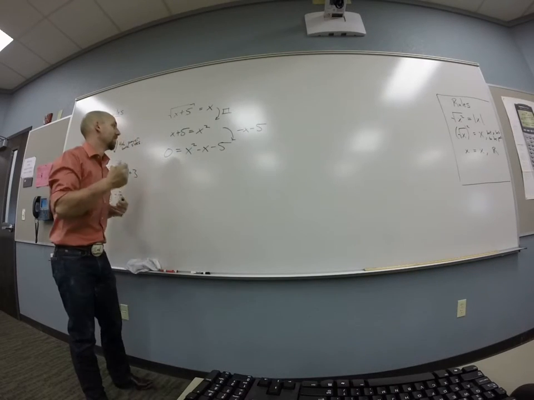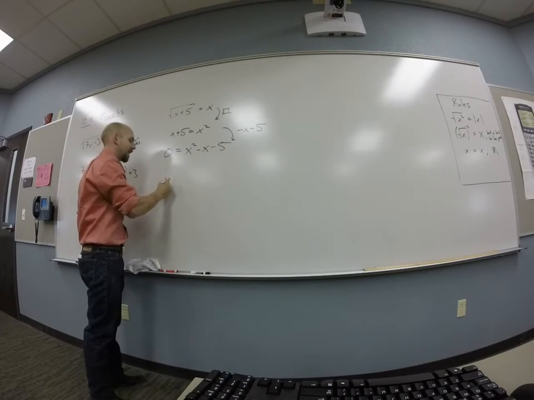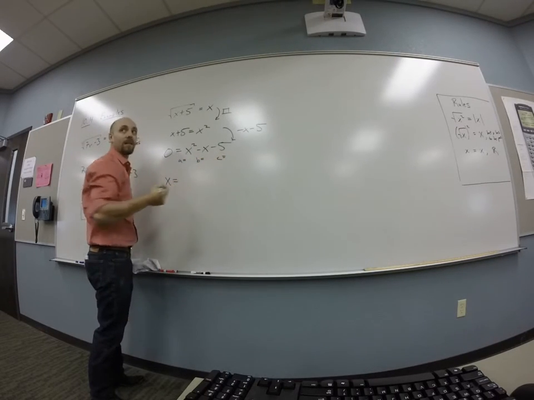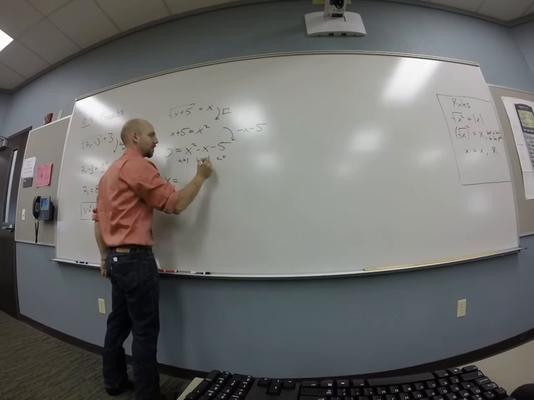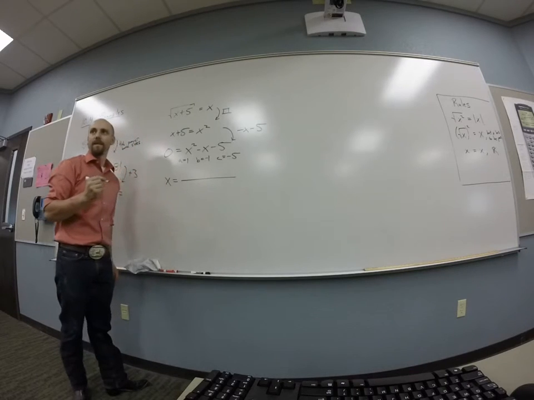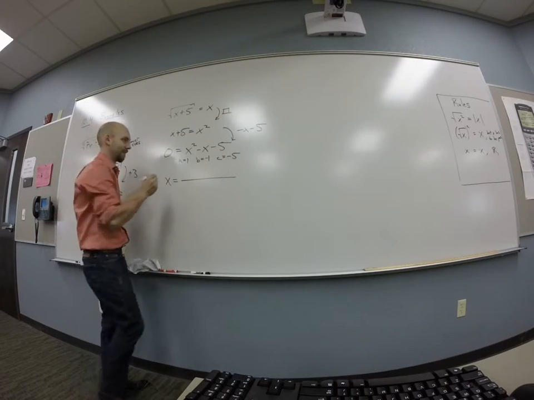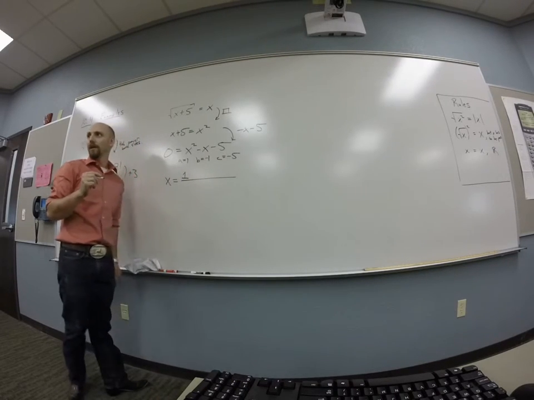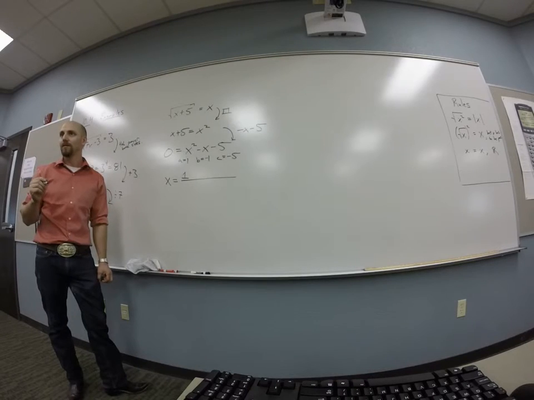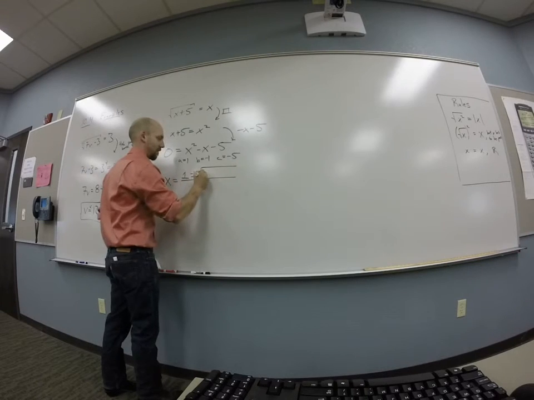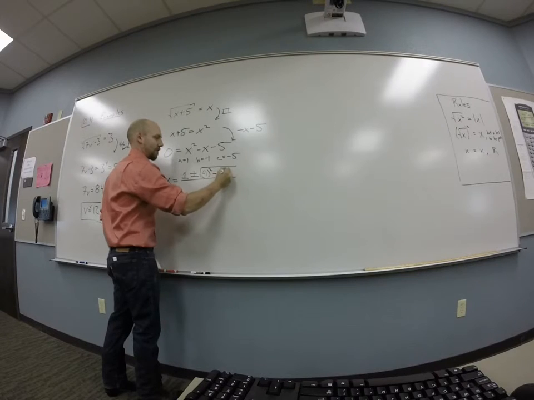All right. So if I cram this in the quadratic formula, I get x is, let's see, what's my A, B, and C? So I get minus b plus or minus the square root of b squared minus 4ac.